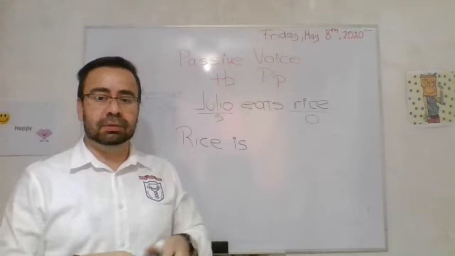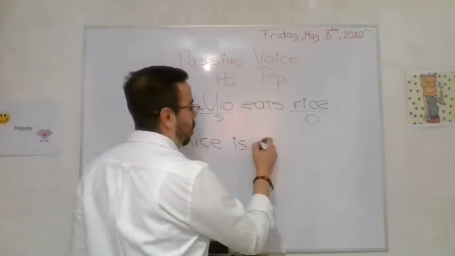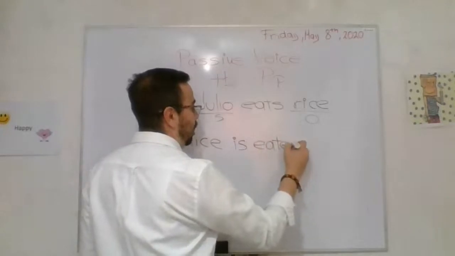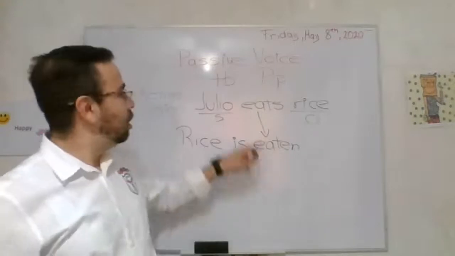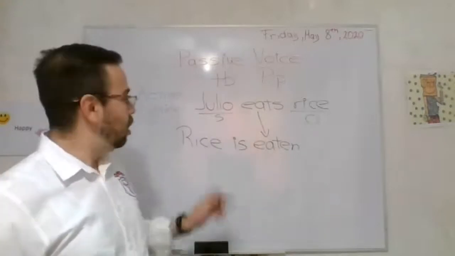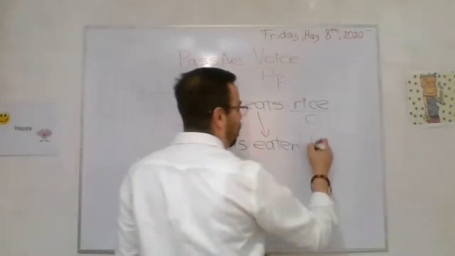Thank you, Giri. Rice is eaten. We change the verb in past participle. Rice is eaten by Julio. The information.